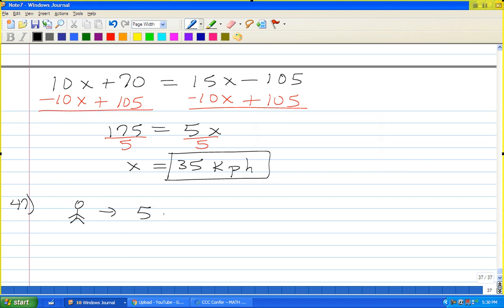So 5 miles per hour. Okay. This is on a still day. On a windy day, he runs 12 miles with the wind. So here's the wind. So he goes 12 miles going this way.